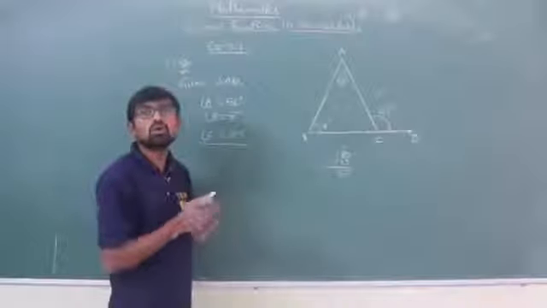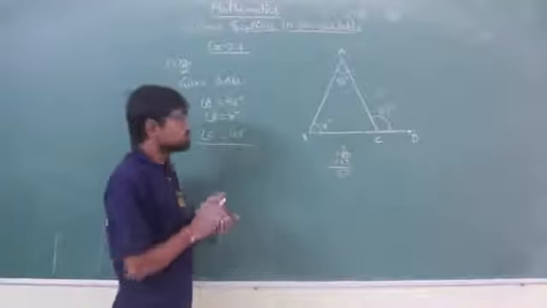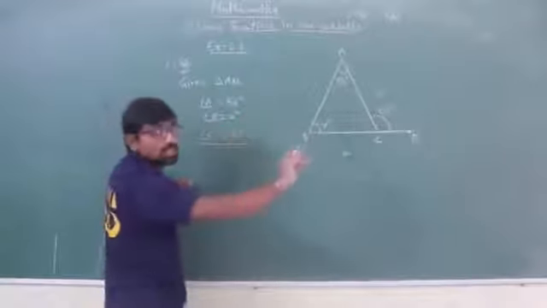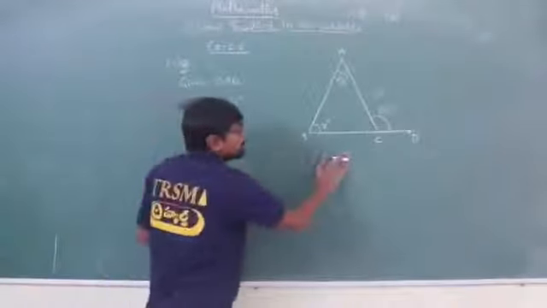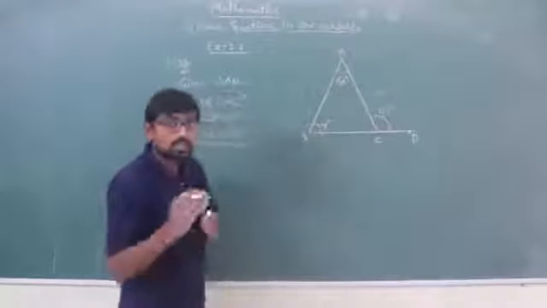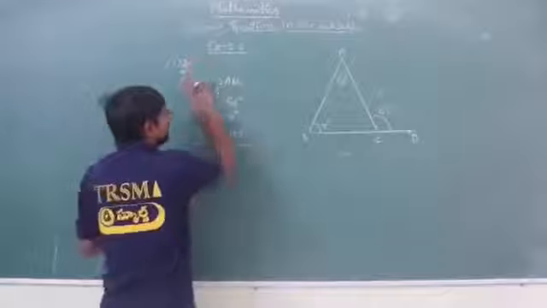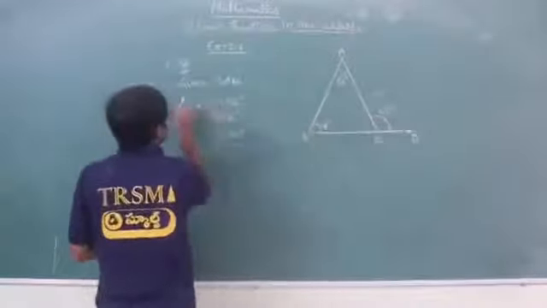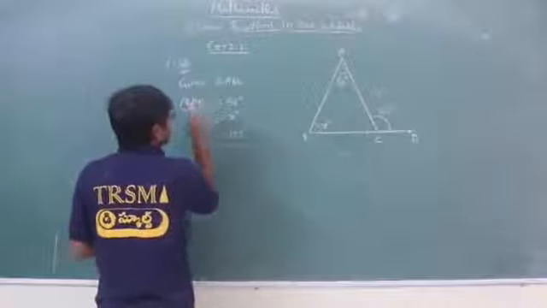problem way, then what will you do? For that, you just don't write A, B, C. You will be taking representation depending upon the other points also. So instead of writing A, what I am doing here, I am taking BAC, angle BAC.